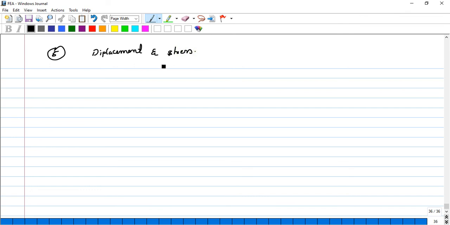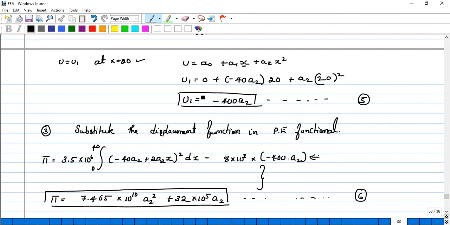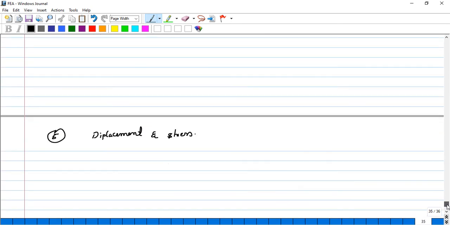Okay, so we know the value of A2 as minus 2.143 into 10 raised to minus 5, and if you remember equation number 5, this one is U1 is equal to minus 400 into A2. If you substitute the value, U1 is equal to minus 400 into minus 2.143 into 10 raised to minus 5.